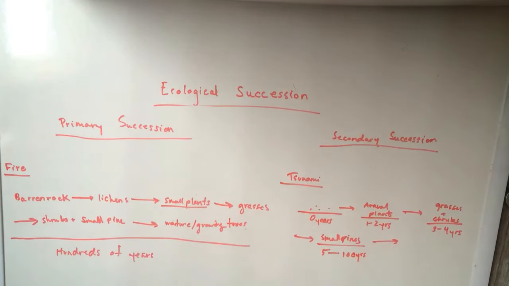And then mature oak, mature pine, mature trees in general, they form over the next, let's say, 150 plus years. And so that is secondary succession.